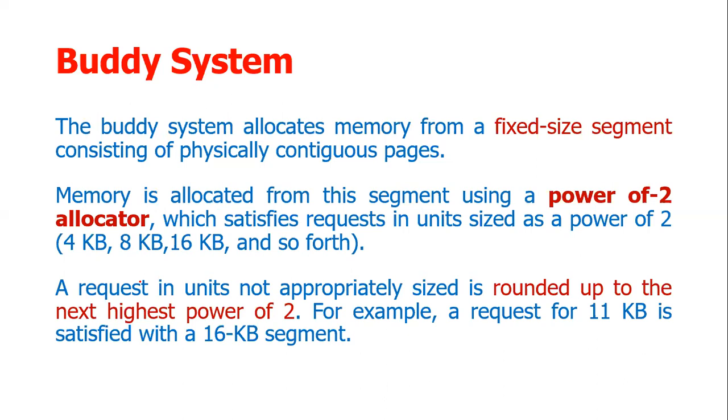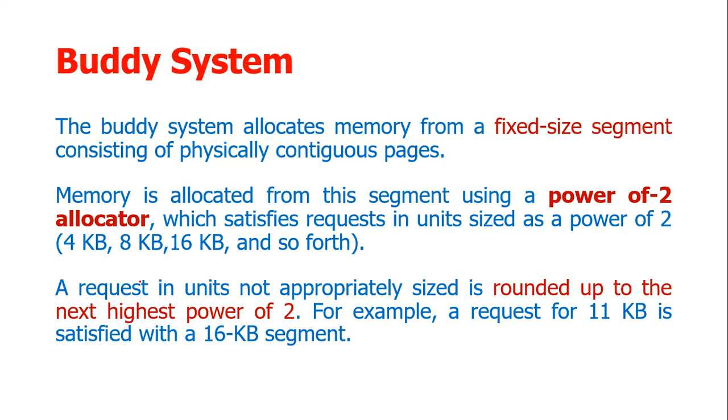For example, a request for 11 KB is satisfied with a 16 KB segment, because 11 KB cannot be accommodated with 8. We had already discussed that the segment uses a power-of-2 allocator. 2 power 0 is 1, we cannot allocate. 2 power 1 is 2, 2 power 2 is 4, we cannot allocate. 2 power 3 is 8, and 8 is not sufficient for 11 KB.